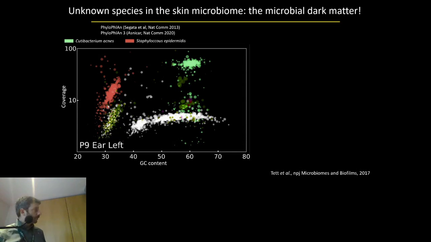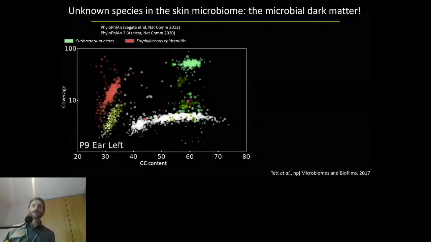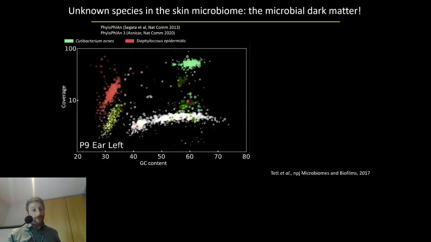However, you can do some clustering analysis, clustering and binning in this case it is called. So for example, you can discover that all these bubbles here have some signatures through which you can cluster them in the same bacterial genome. And if you are able to do that, then when you have a full genome, even though it's a genome of an uncharacterized bacterium, you can do phylogenetic analysis or other kinds of analysis to try to understand what is the context, at least, of this bacterium.